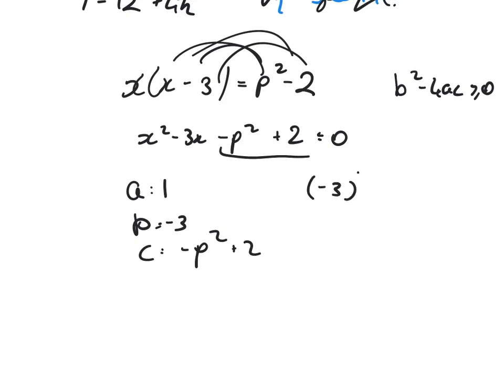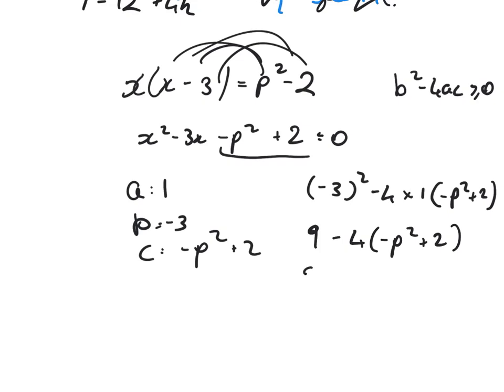So minus 3 all squared minus 4 times 1 times (minus p squared plus 2). So that then will be 9 minus 4 bracket minus p squared plus 2. So that's 9 plus 4p squared minus 8, which is then 4p squared plus 1.